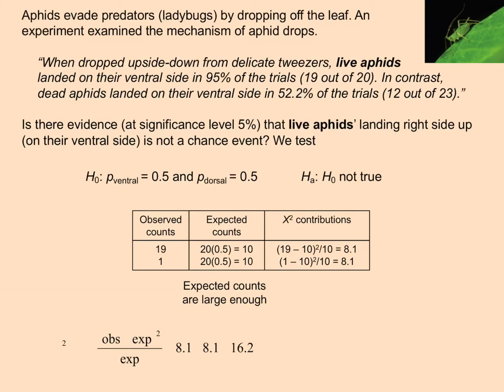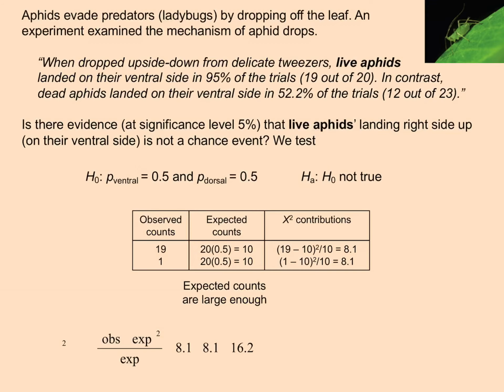So the question is, is there evidence at a significance level of 5%, in other words, a 95% confidence level, that live aphids landing right side up on their ventral side, in other words, on their feet, is not a chance event? In other words, are aphids controlling their landing?